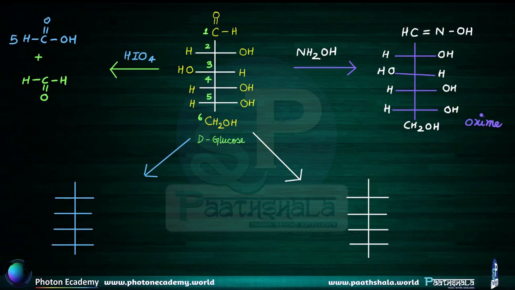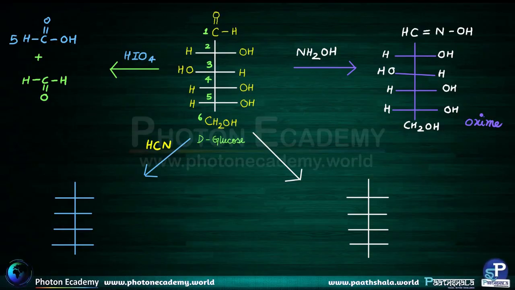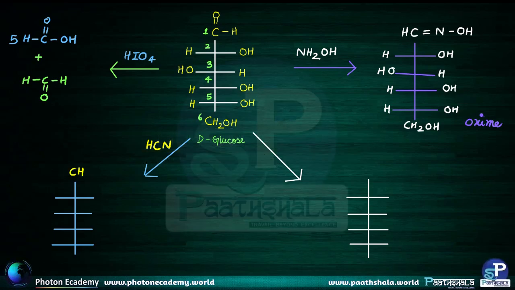Now next we are going to react our D-glucose with HCN. HCN is nothing but hydrogen cyanide, and when glucose reacts with hydrogen cyanide, at the first carbon the CH remains intact, but now this double bond is breaking and we are getting an OH.